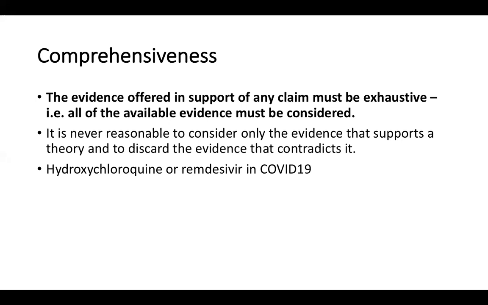You cannot just look at one positive study and say this drug helps COVID-19. You have to consider why the other studies are negative and what is different about them. Is it the population that's different, or is there something wrong with the data? So you have to think about evidence that supports and evidence that contradicts your claim.